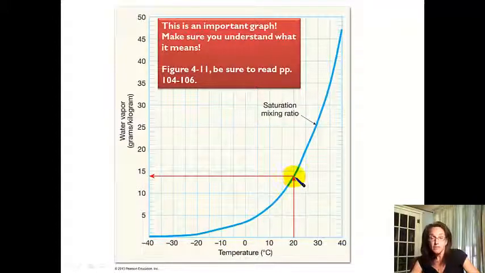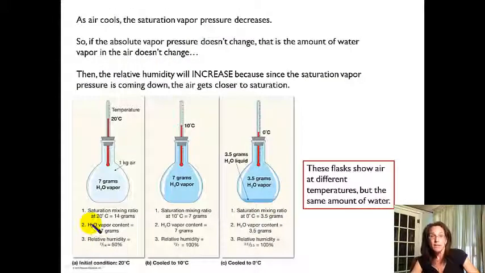So our saturation mixing ratio goes from 14 down to 7. So as temperature decreases, that saturation mixing ratio decreases. So that means as we cool, if we don't change the amount of water vapor, we move that air mass closer to saturation. So that means the relative humidity is actually going to go up.